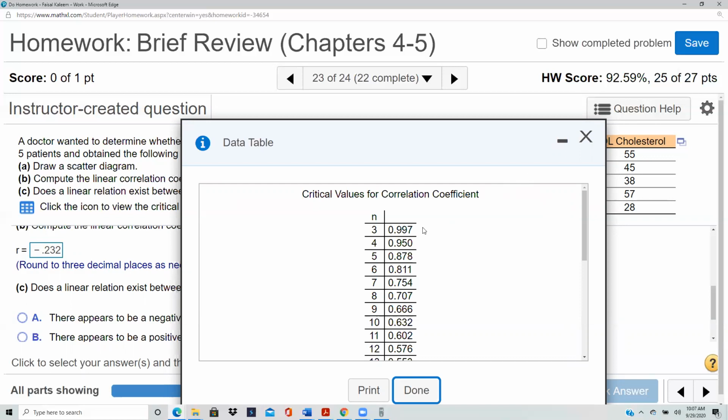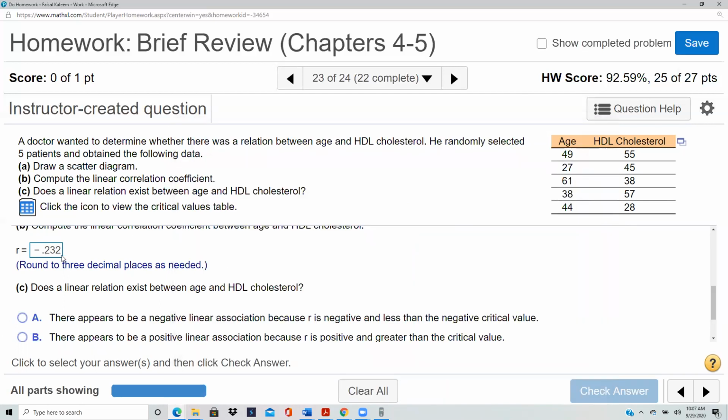So think of the critical value as a threshold, right? Doesn't it have to be less? It has to be more because it has to be more than that threshold. If you're below that, then it's not enough. So you have to be more than 0.878. So is it more than 0.878? No. And when we are doing that comparison, we just look at the absolute value.